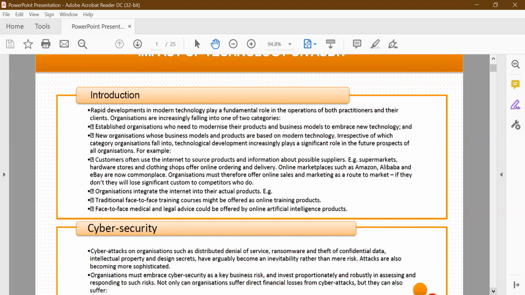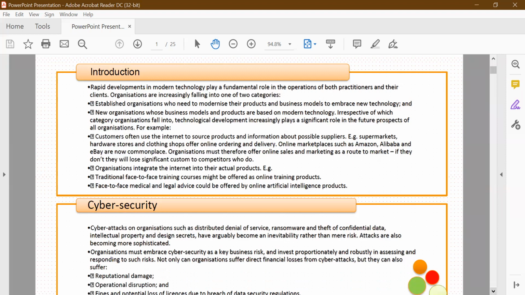Now, because of the whole boom of the internet, one of the key things that has erupted is cybersecurity issues. Cyber simply means internet, and then we are looking at security, so the security of the internet.